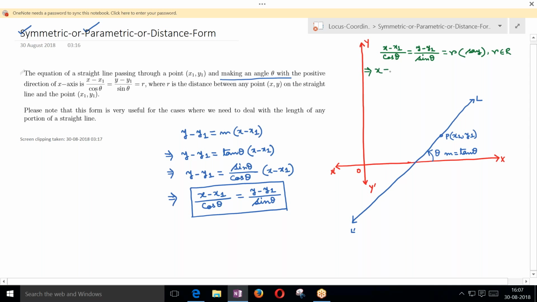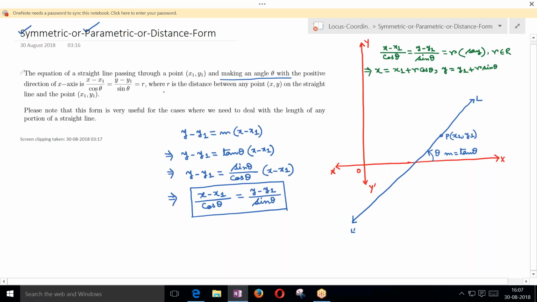So from here, we get x is equal to x1 plus r cos theta, and y is equal to y1 plus r sin theta. And what is this r?